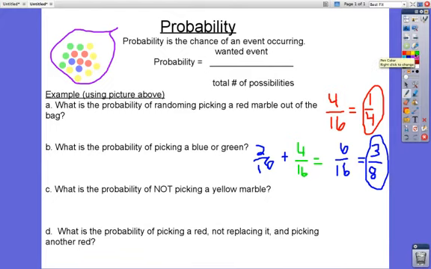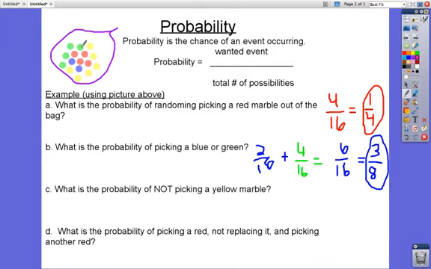Alright, for the next problem, we have to figure out the probability of not picking a yellow. So we can pick any marble out of the bag except yellow. What you would want to do is add up every single color except yellow. Similar to part B, but we're adding up blue, green, and red. Instead of writing it separately, you can just add up those colors now.